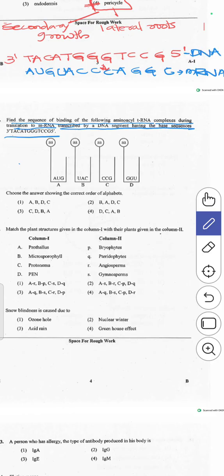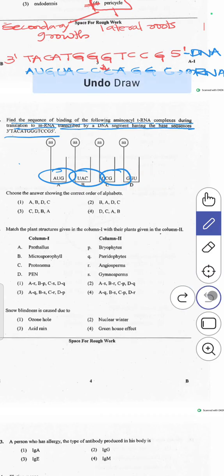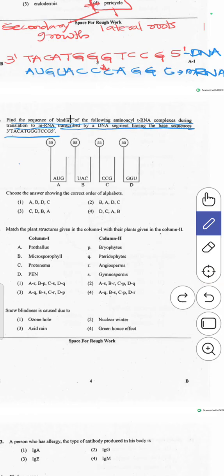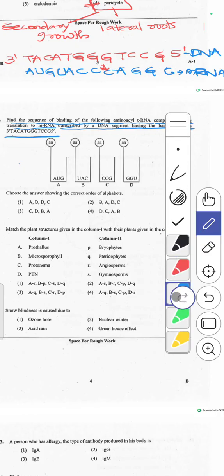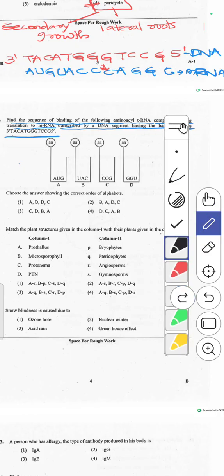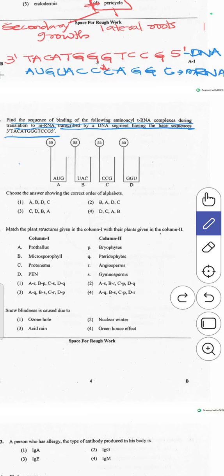Here they have given the tRNA with the codons. These codons bind to which sequence? Let's find out with the codons here.